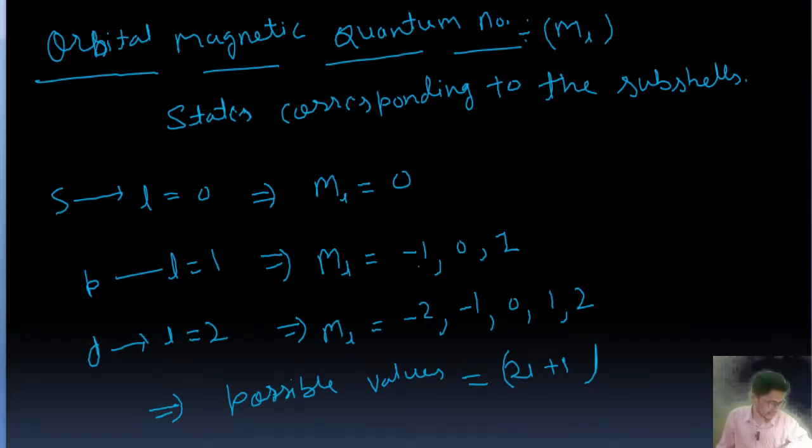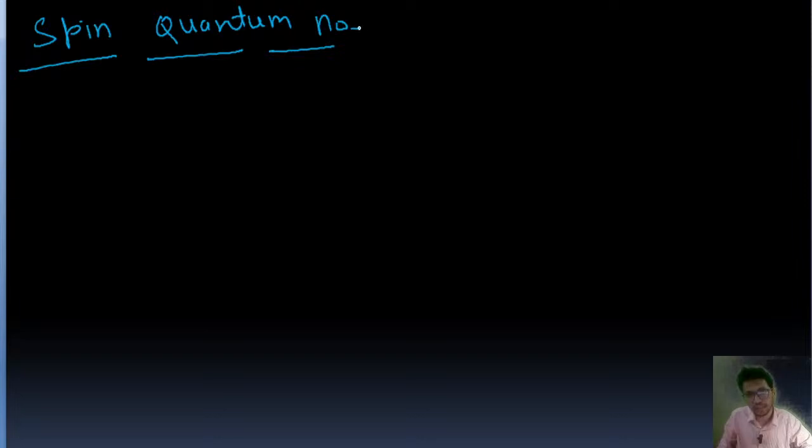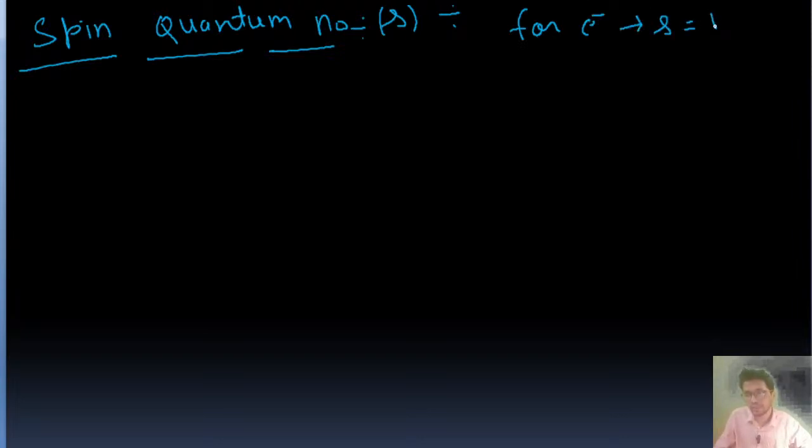Next is the spin quantum number, denoted by S. For an electron, the value of the spin quantum number S is half.